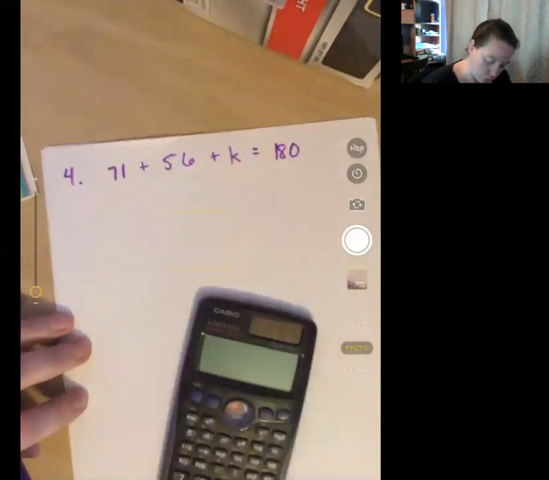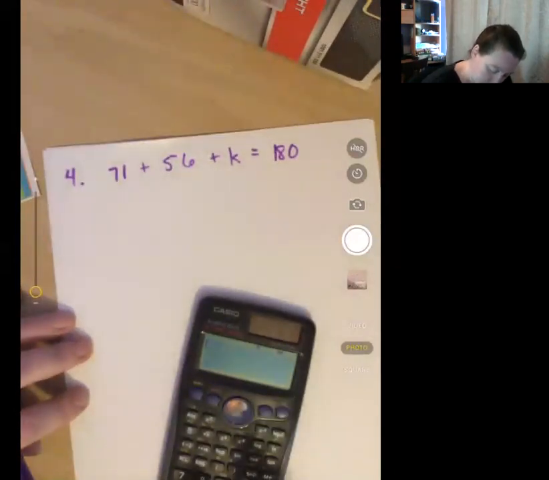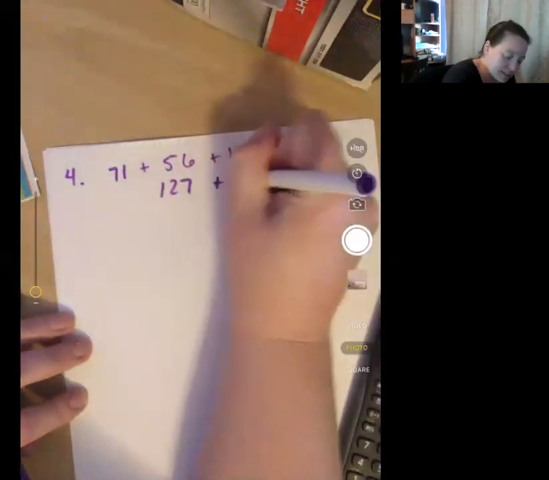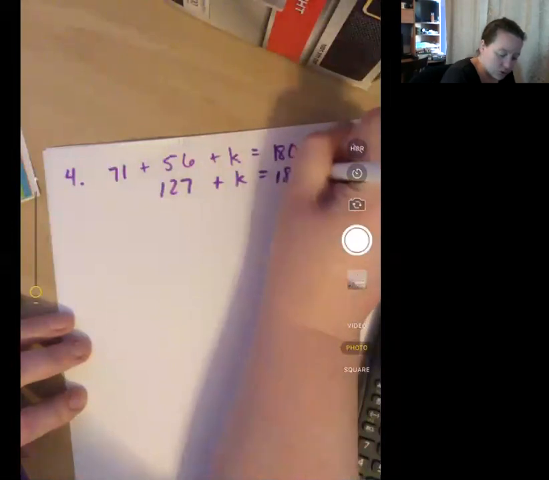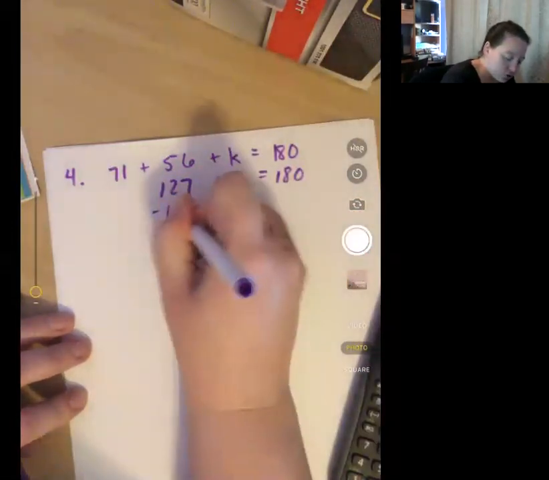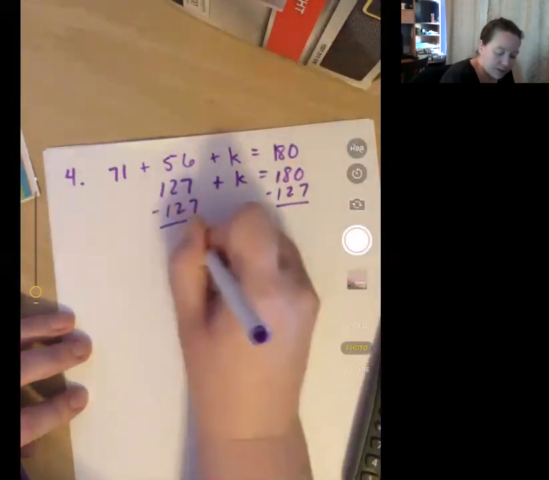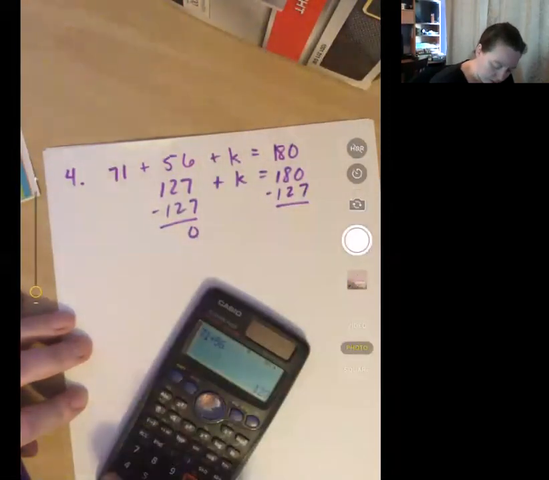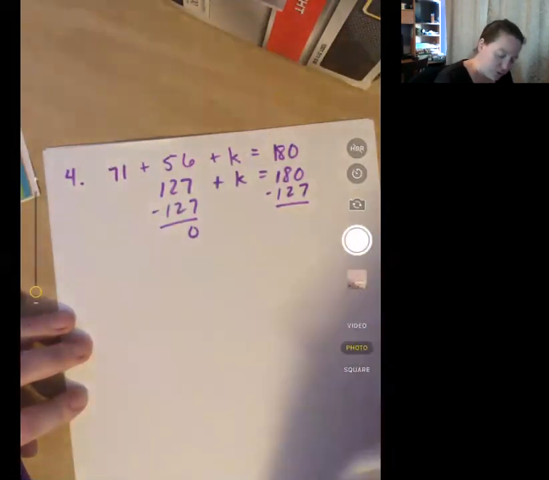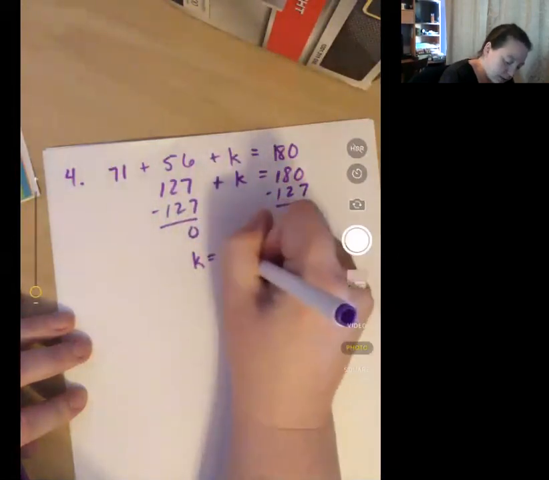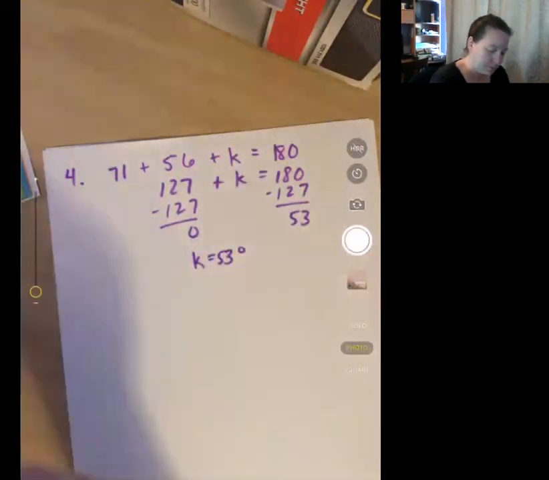So 71 plus 56 equals 127 plus K is equal to 180. I subtract the 127 from both sides. That gives me a 0 there. 180 minus 127 equals 53. So K is equal to 53 degrees.